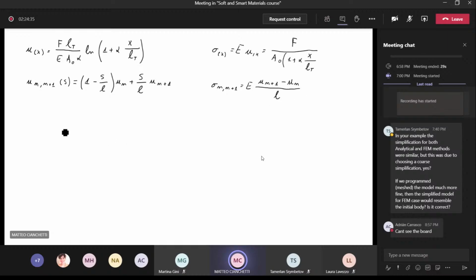So let's make a sort of plot. This is really something that I will try, but I'm quite sure I will not be so successful in doing it precisely.